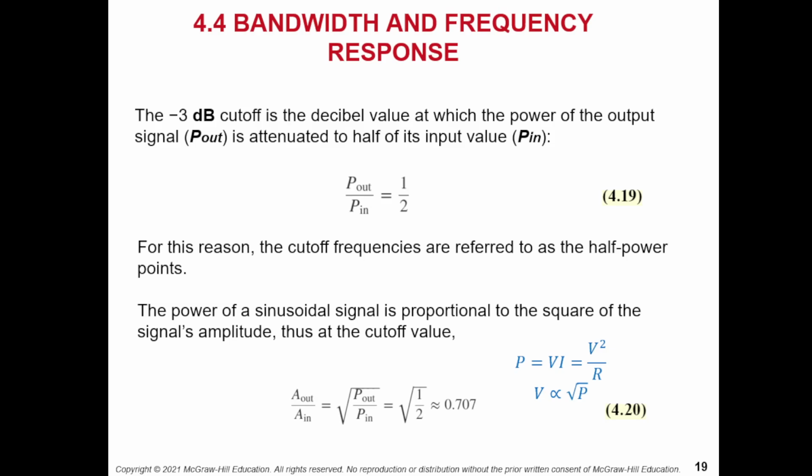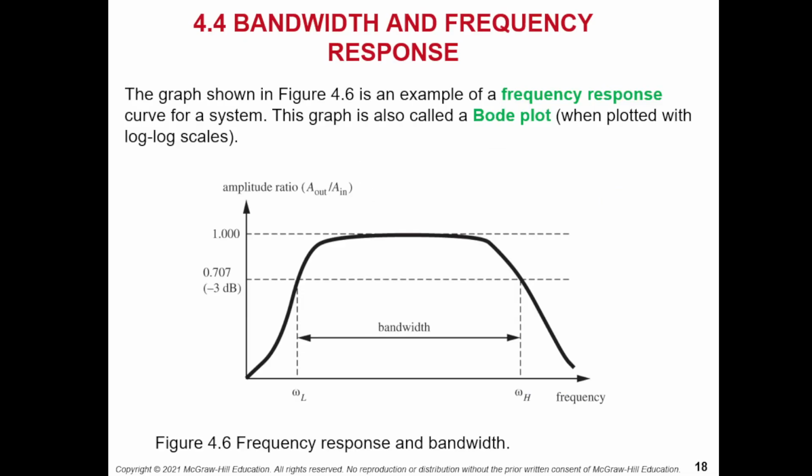When you take 20 log 10, it becomes -3 dB. That's why, when the power is attenuated by 1/2, we mark a straight line at 0.707 in the linear scale, or -3 dB in the dB scale.